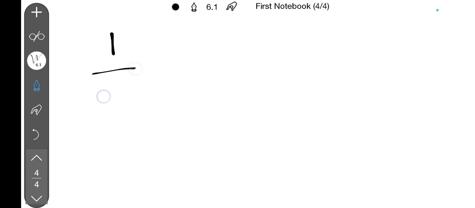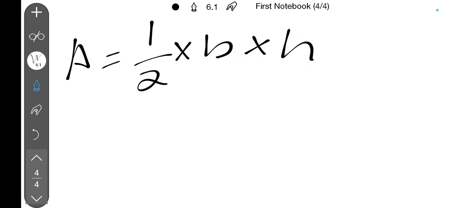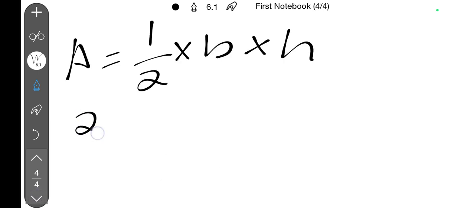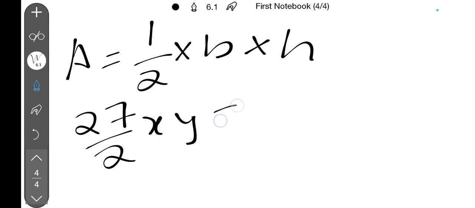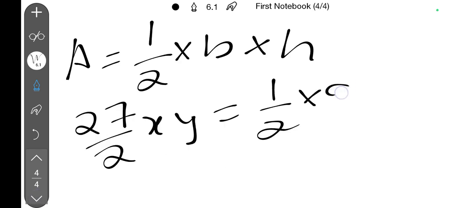We know that area is equal to half into base into height. So the area is 27 by 2 xy, that is equal to half into, in place of base we can write 9x, into height, given as h.